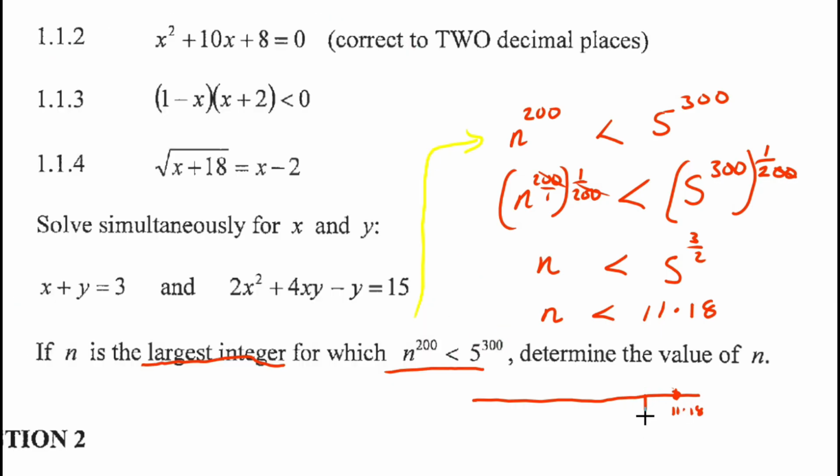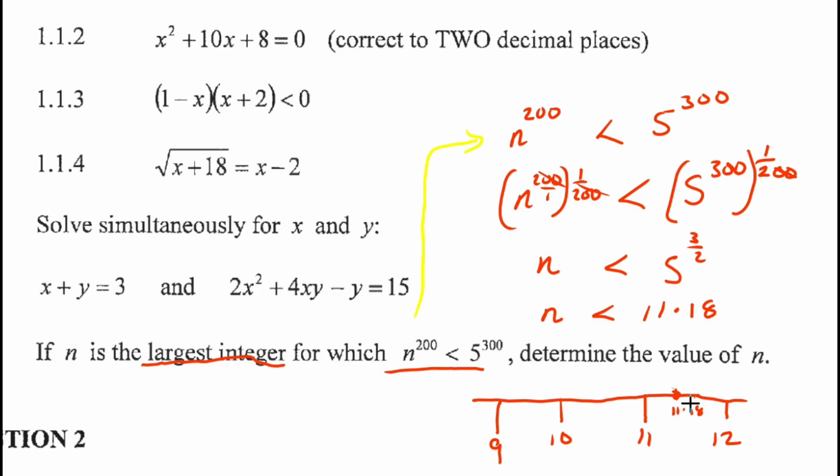But if I'm writing whole numbers before here, what exactly is the whole number before that? We know that it's 11. After this is 12. These are the whole numbers. Here it's like 10. Here it's like 9.